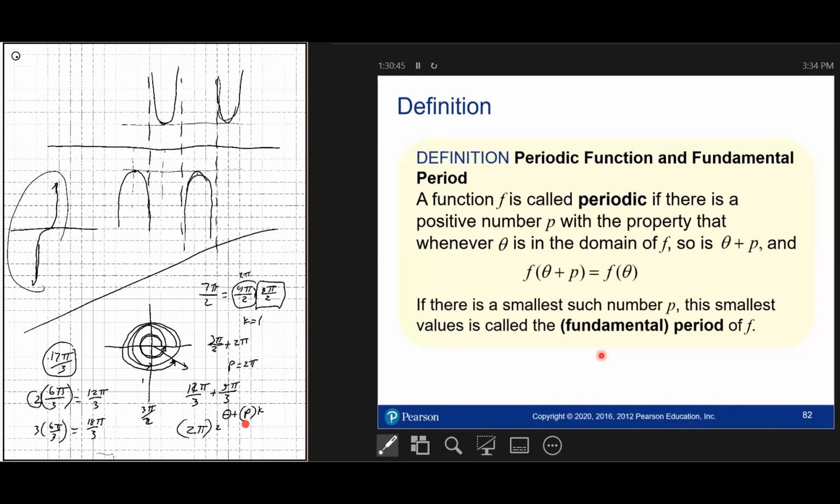Whatever the period is, and for sine or cosine, that period is going to be 2 pi. 2 pi is a circle and k is 2 times around, so it's 2 revolutions, and then theta will be your angle. So that becomes 5 pi over 3 plus 2 pi times 2. That's what I wanted, sir. Okay. I finally understood what you were asking.